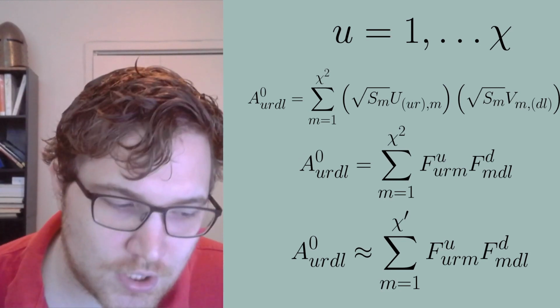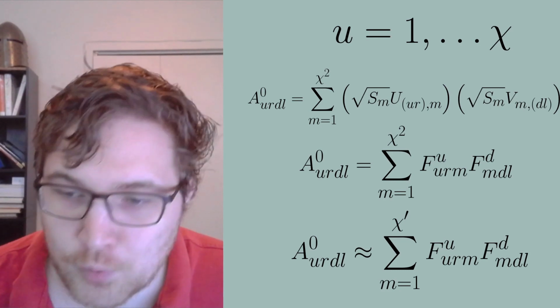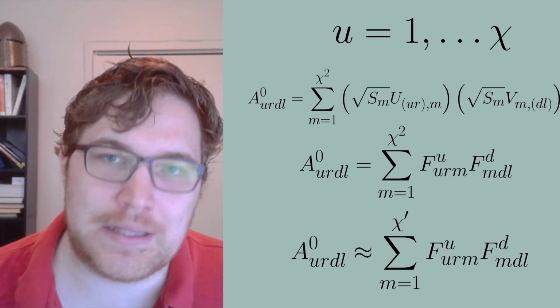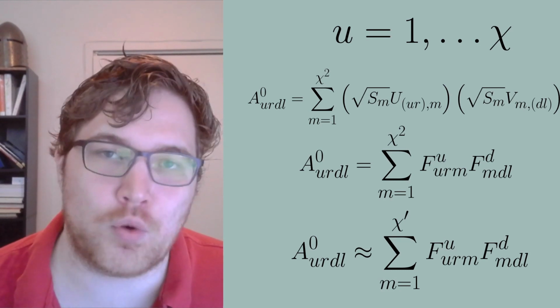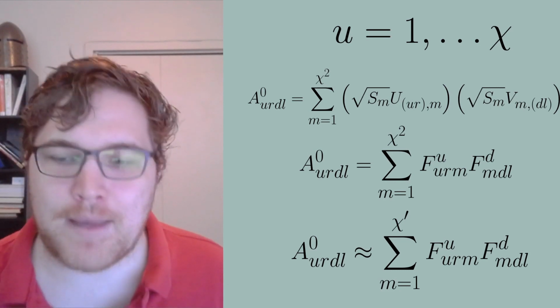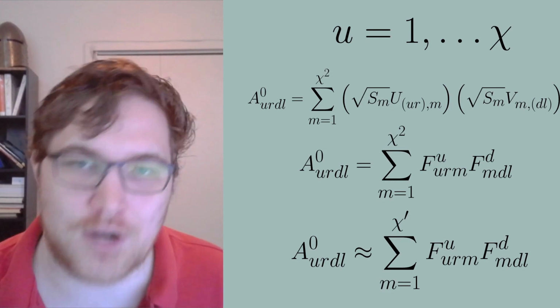So this truncation chi prime is a controllable parameter, and again it's justified by the intuition that tells us that we are probably throwing away local information that shouldn't matter too much once we start zooming out and we look at things on the macroscopic scale.